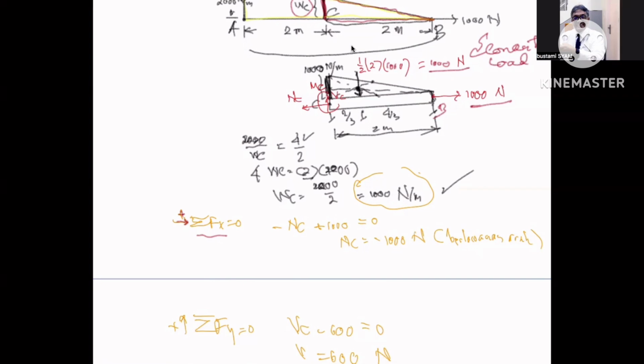Then what we'll see, 1,000 Newton is plus right here.